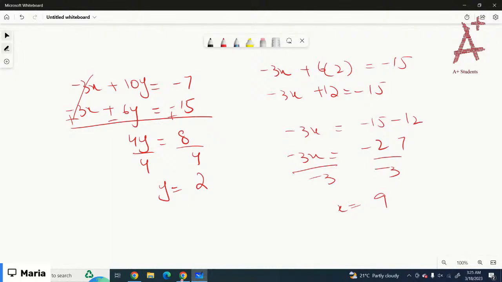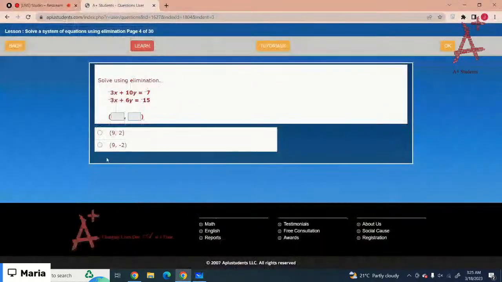So the values are 9 and 2. Got it? The correct option is 9 and 2. Got it?